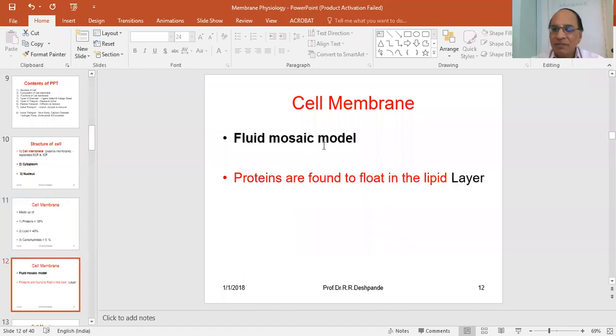What is the cell membrane? This is a fluid mosaic model. Some ingredients are moving inside the fluid. Protein molecules are floating in the lipid layer. Try to understand: protein molecules are floating in the lipid layer.